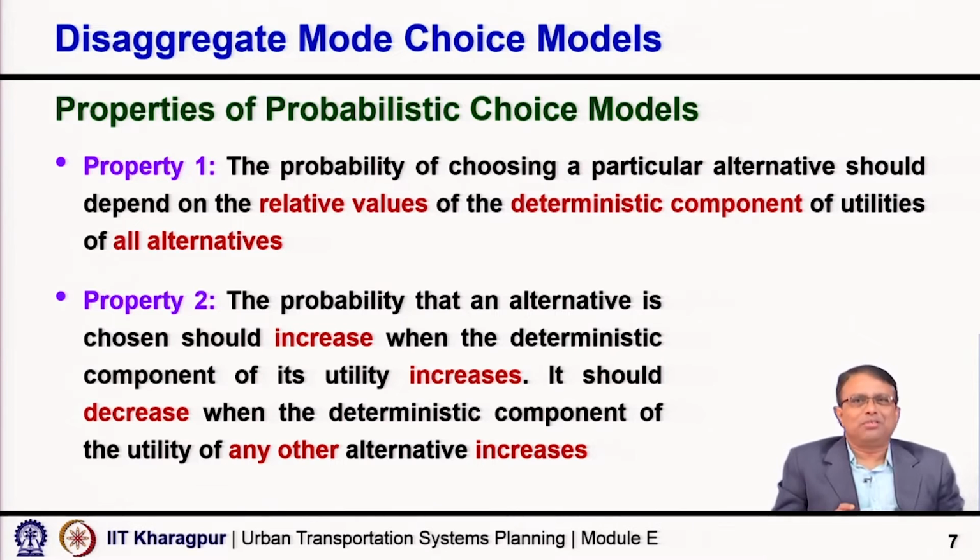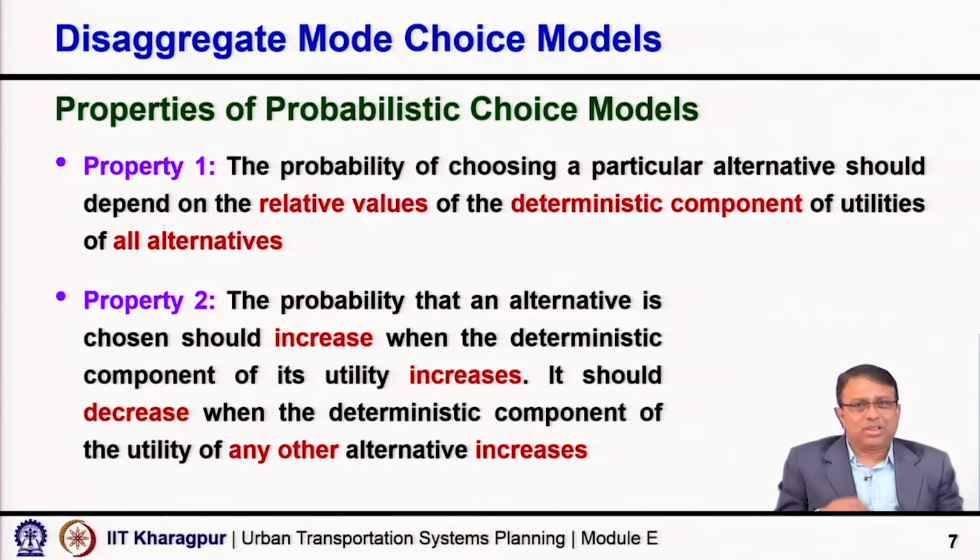Towards the end we took a combination of examples to show how, as parking charges imposed for drive alone increase, the disutility associated with drive alone increases, or utility decreases. So even in real sense, the probability of using car also decreases because the utility decreases.